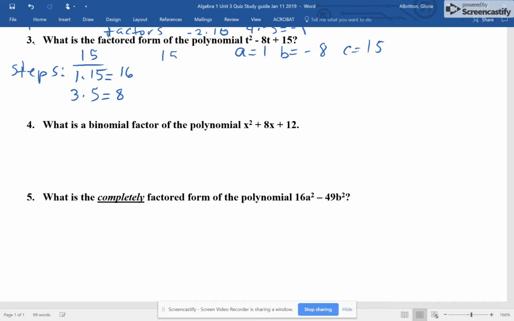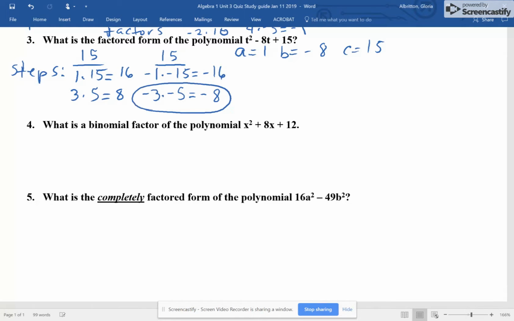Well, sometimes we forget that when we're listing our factor pairs, -1 times -15 is also 15. Remember, a negative times a negative is a positive. And if we add those, we'll get -16. However, -3 times -5, which is also +15, so it fits as a pair of factors, gives us the -8 that we're looking for.